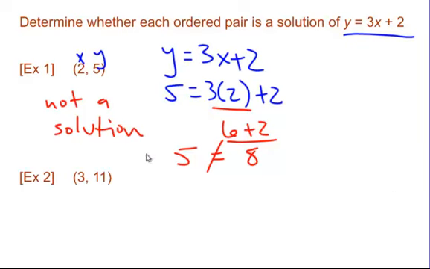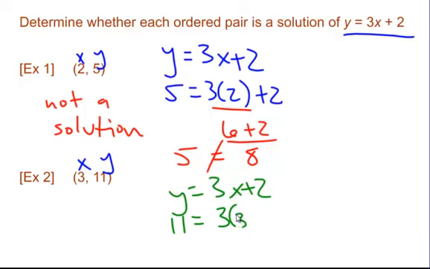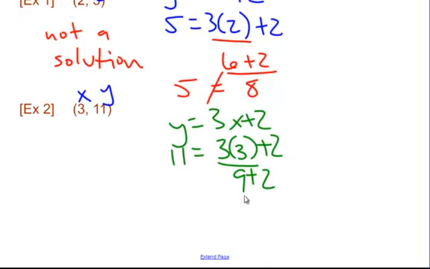Let's look at (3, 11). Remember, this is your x, this is your y. We're using the same equation, y equals 3x plus 2. So 11 equals 3 times 3 plus 2. Well, 3 times 3 is 9 plus 2 gives us 11.